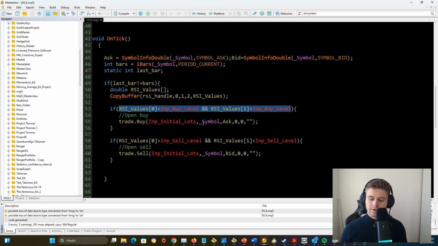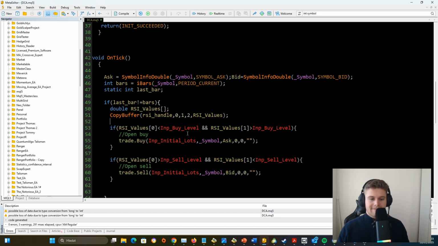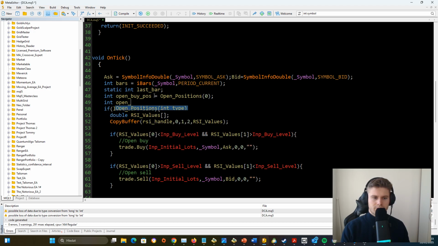Okay, so for additional positions we want to increase the lot size. For initial positions we don't want to do that. So that's why I will do this. So integer open buy position will be open positions of type 0, and integer open sell position will be open positions with 1 right here.